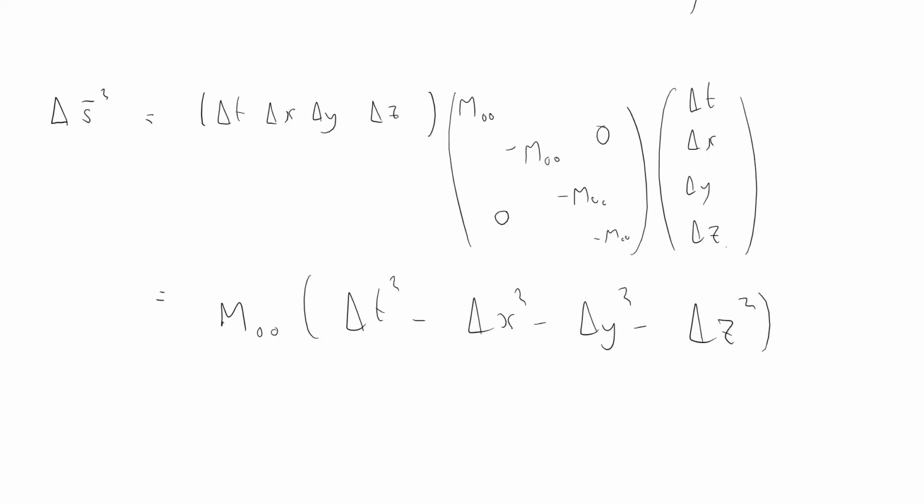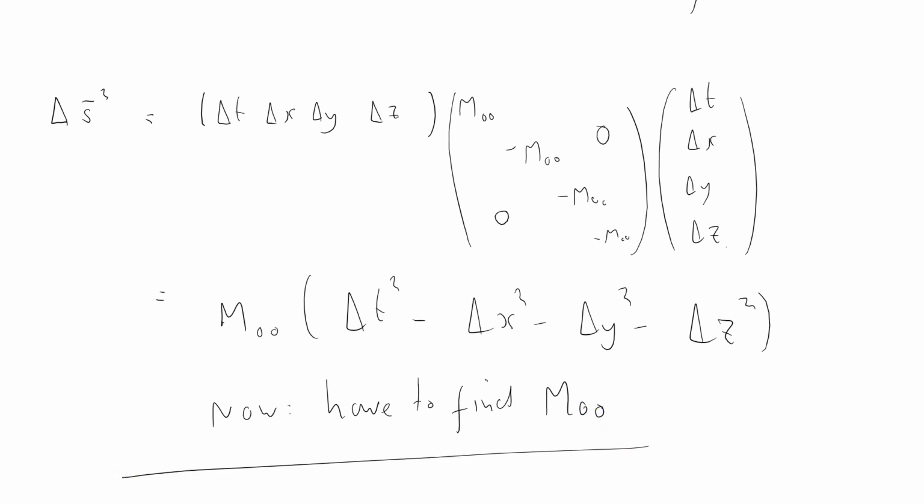So what I have to do now is find M00. And I thought this would be easy, but it's in fact a little bit harder than it might appear. I'm going to do it in the next screencast, so I'm going to stop there.